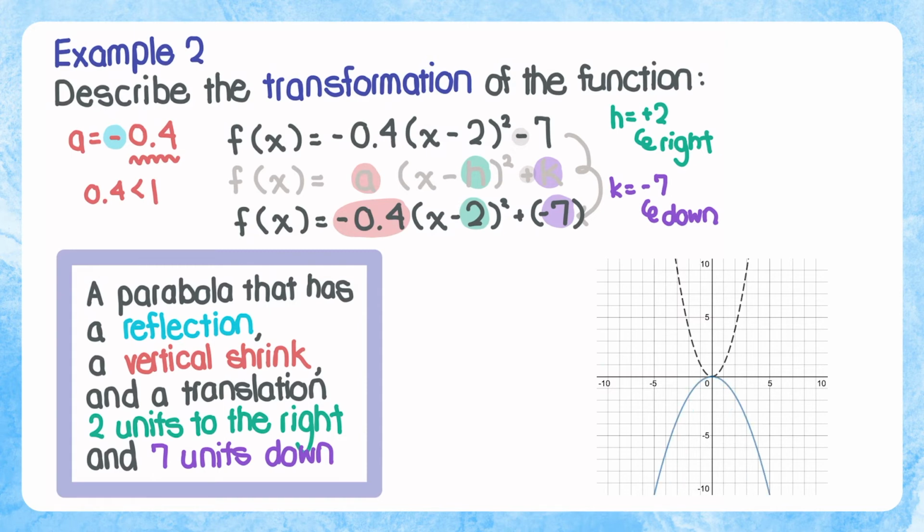There is a vertical shrink, so the graph becomes wider, and we translate 2 units to the right and also 7 units downwards. We can easily find the vertex by looking at h and k. Our vertex is the coordinate point (2, -7).